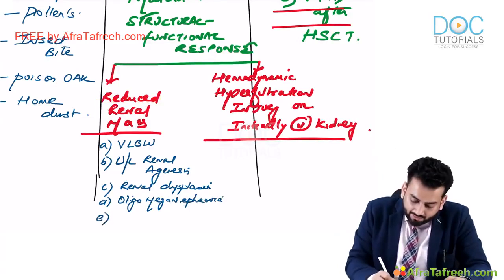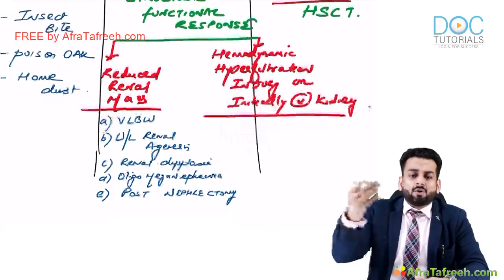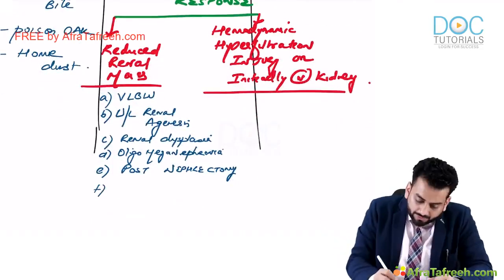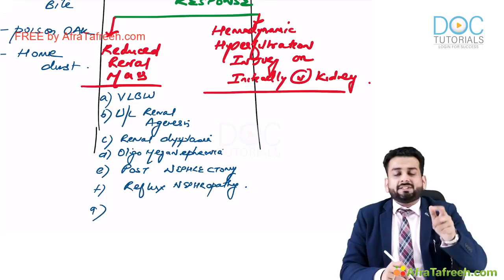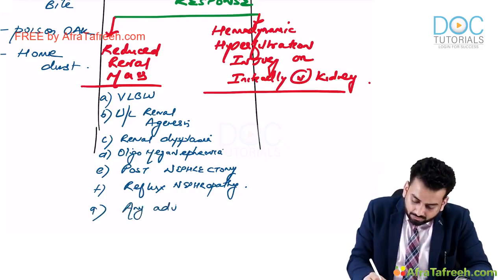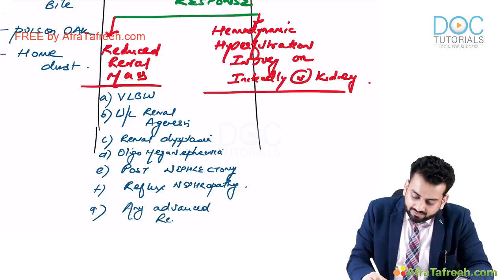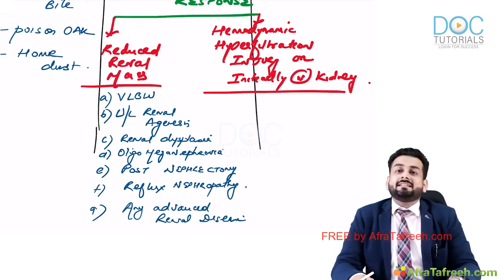If the patient has a post-nephrectomy status, be it a donor nephrectomy or a nephrectomy due to any infection or even a cancer, a patient having reflux nephropathy, or even a patient of any advanced renal disease. In fact, this is very, very important to understand, because FSGS is not a single disease entity.